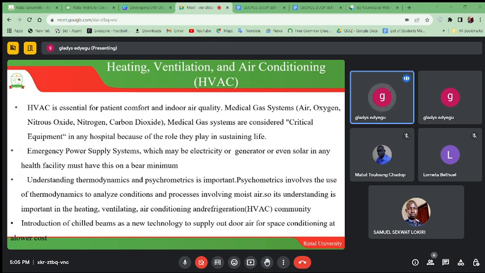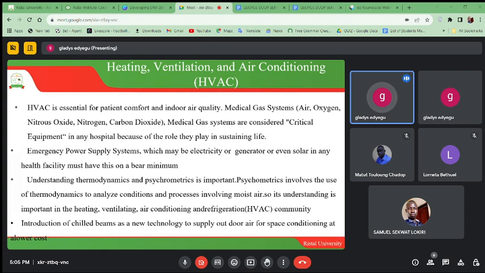So this is what the statement is trying to tell us: that it involves the use of thermodynamics to analyze the conditions and processes that are involved in these machines, or in this service provision, in the use of heating, ventilation, and air conditioning. Even in refrigerators, we need to understand, because refrigeration is one of the equipment in HVAC.